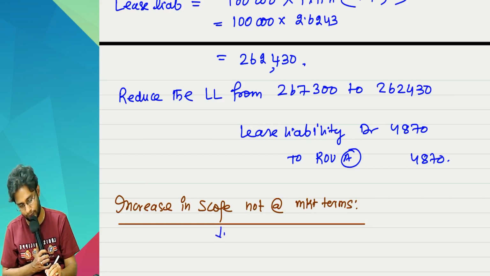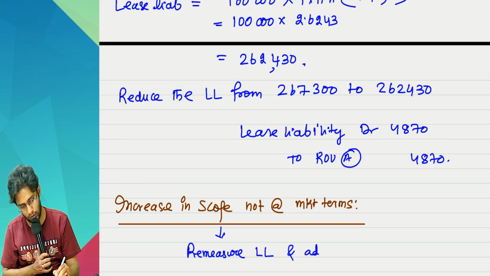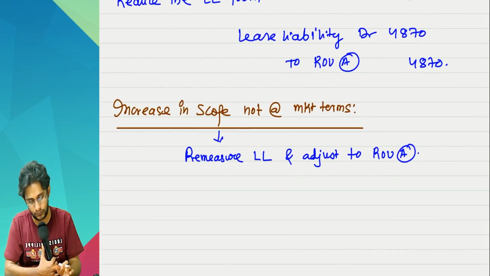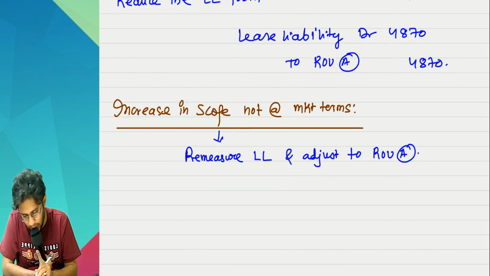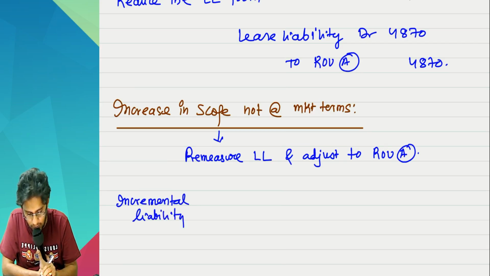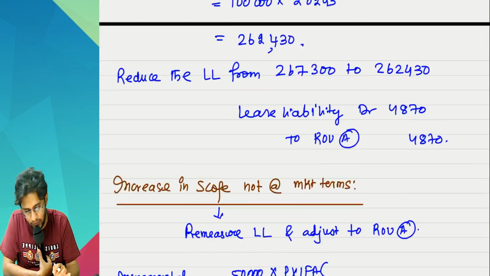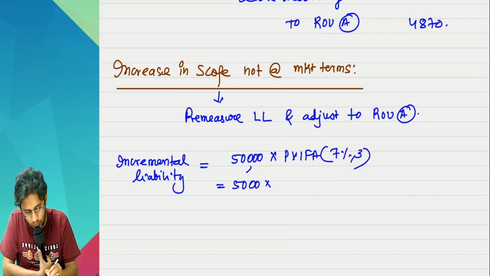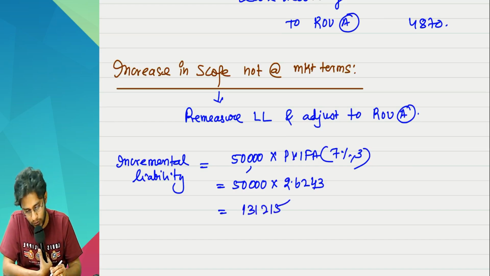So the incremental liability or extra liability is equal to 50,000 rupees you have to pay per annum into PVIFA 7% 3 years. 50,000 into 2.6243, 131,215.